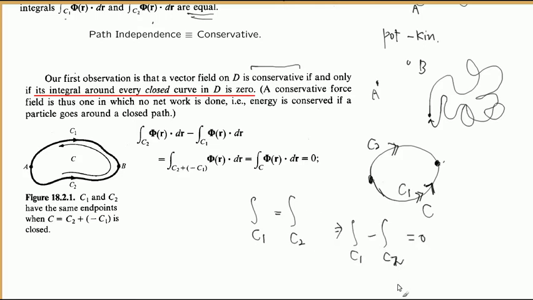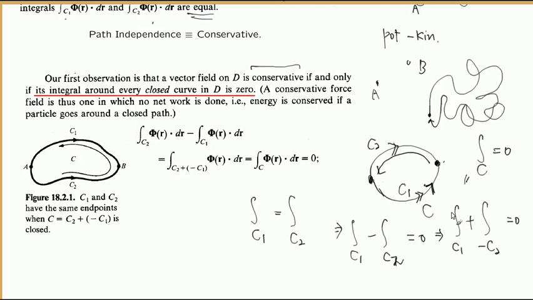But the negative is the same as the opposite direction, right? So this is the same as the integral over C1 plus the integral over negative C2, which is the opposite direction. But what is the opposite direction of C2? Going like that. So C1 plus the opposite direction of C2 is the same as the original curve C. And that should be 0 because we're subtracting here. So that can be rearranged into: if you just go around one time, that's going to be 0.